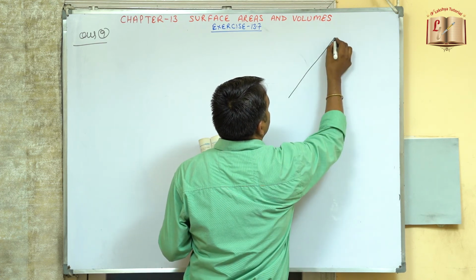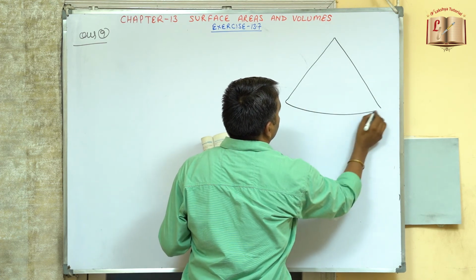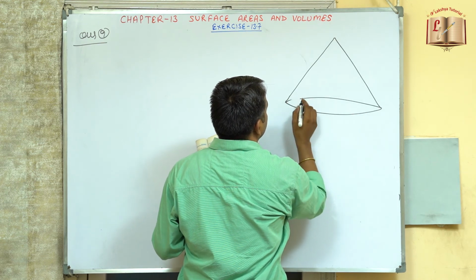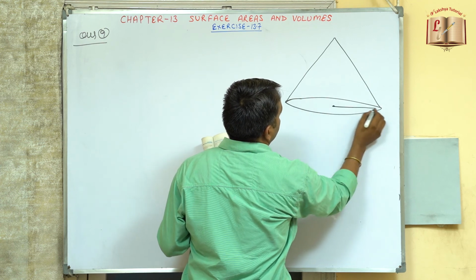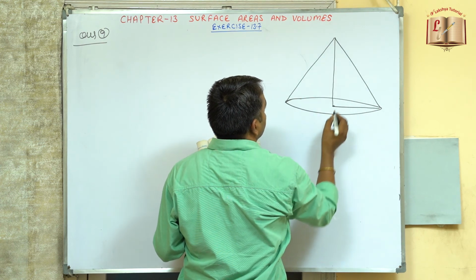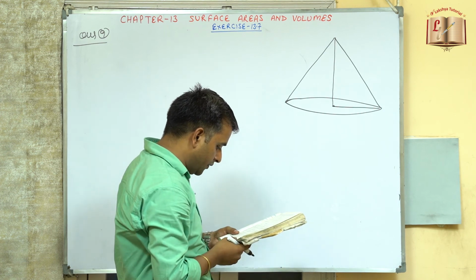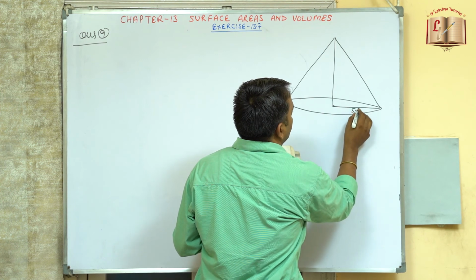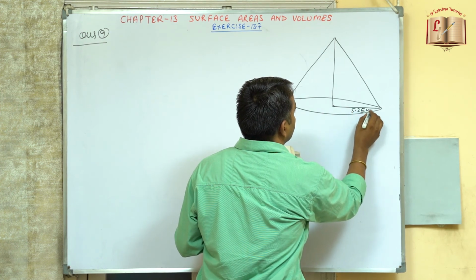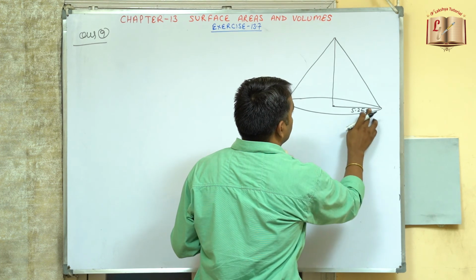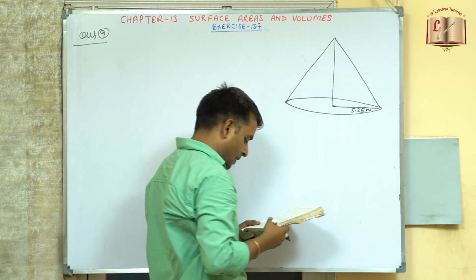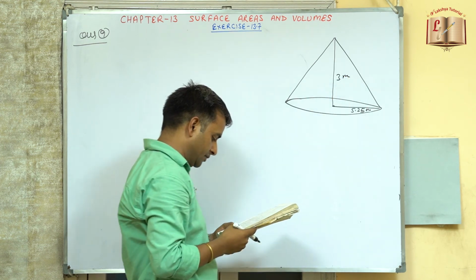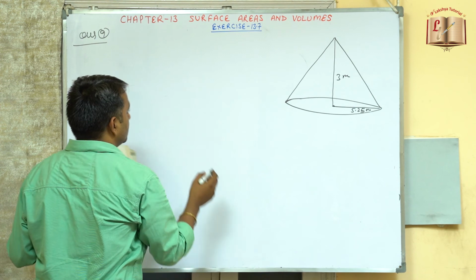So this heap is in the form of a cone and its diameter is already given, so we can find out the radius. The radius will be 5.25, and it is given in meters, so it is meters. And the height is 3 meters, so the height is also given to us. Find its volume.